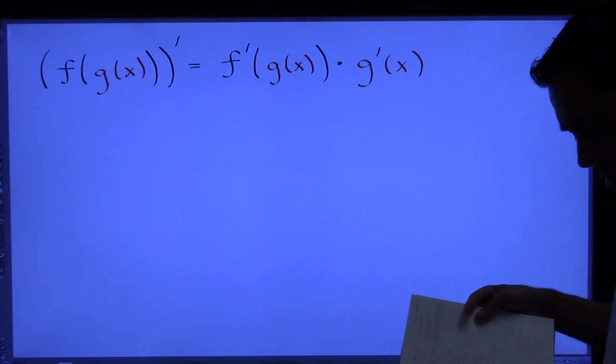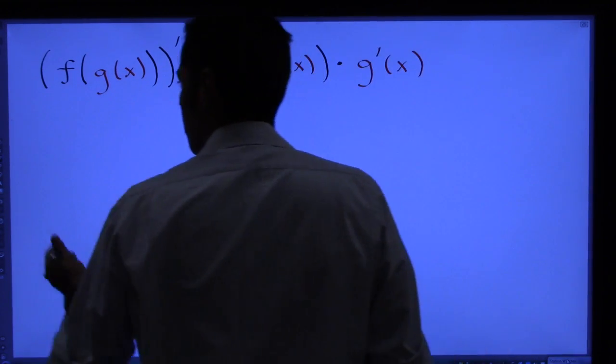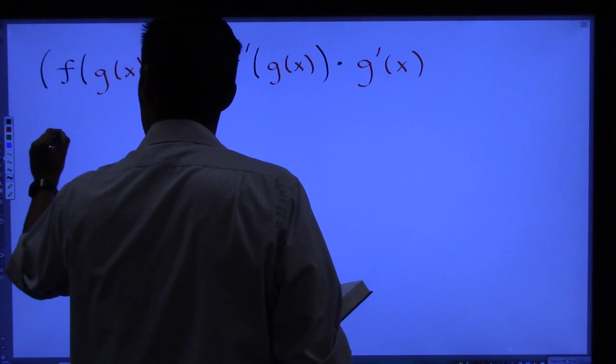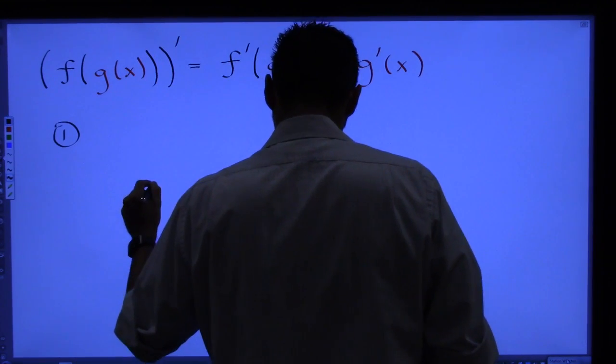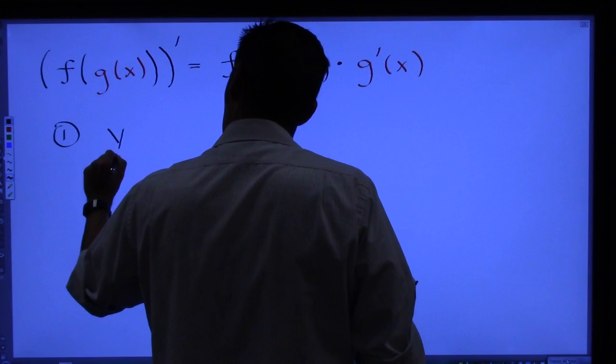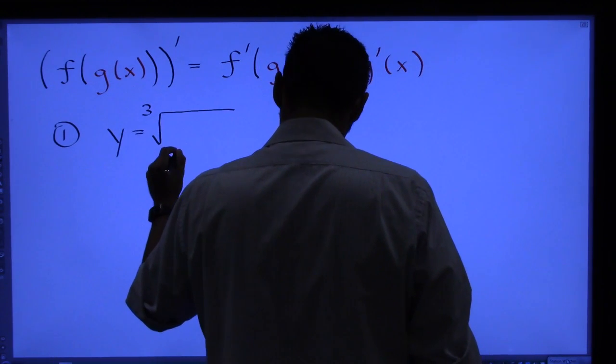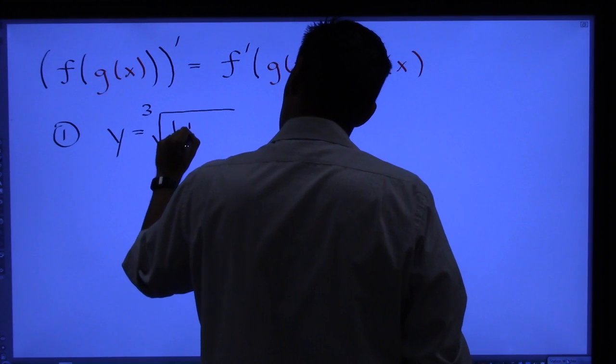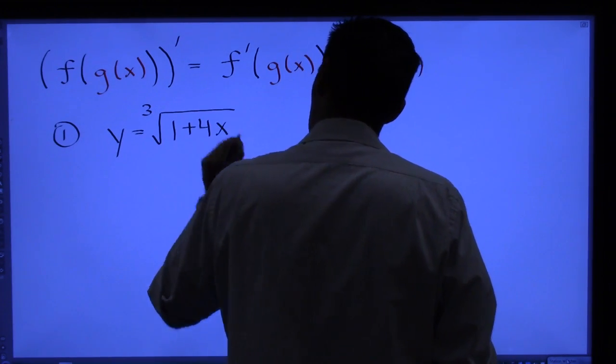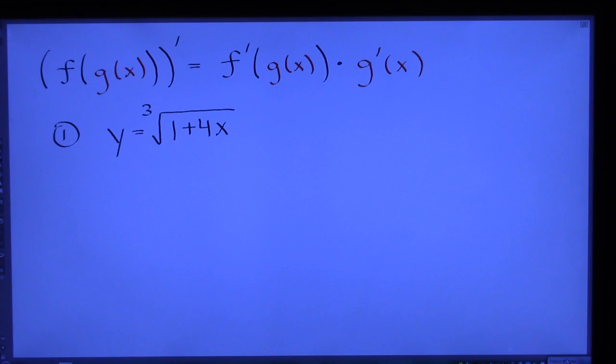So let's start off with number one. So for number one, we have y is equal to the cube root of 1 plus 4x. So I'm going to take this one really slow.